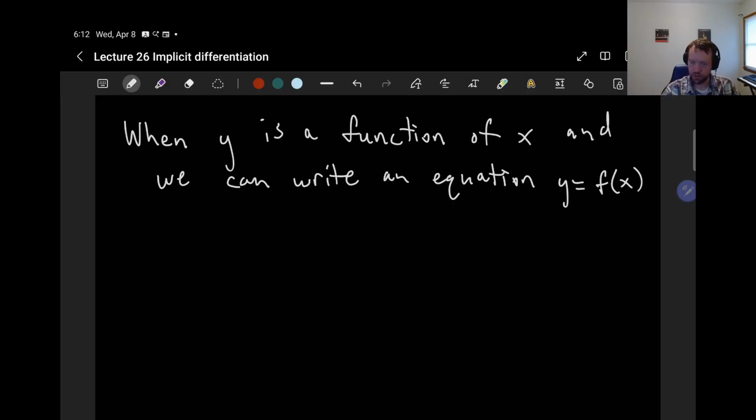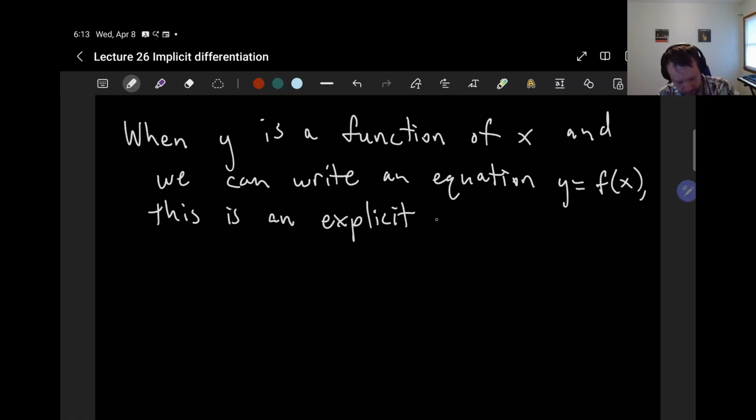So this is explicit. We call it the opposite of implicit. We say this is an explicit relation. And it's very clear, it's explicitly written how y depends on x.